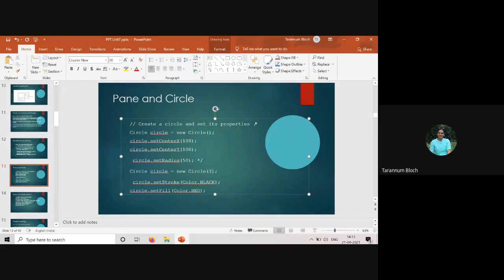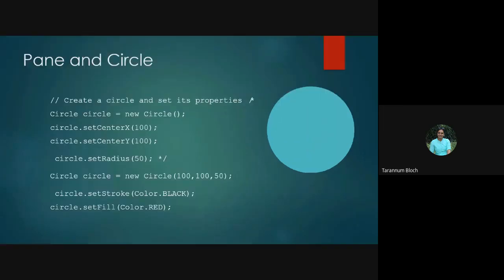This is the parameterized constructor. I can write 100, 100, comma 50. If I go this way, there is no need to write these four lines: Circle, empty, then set center x, center y, and radius. If I don't want to go with this setup, I can go with the parameterized constructor.